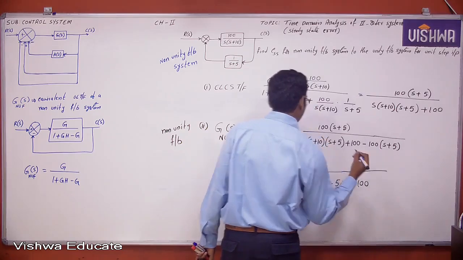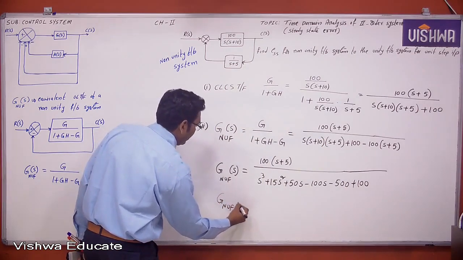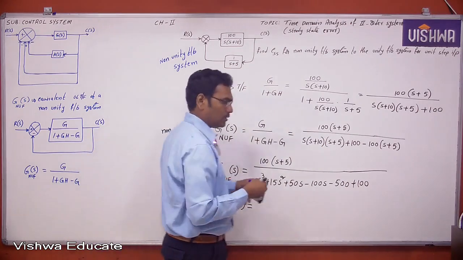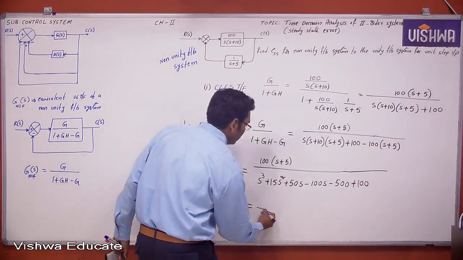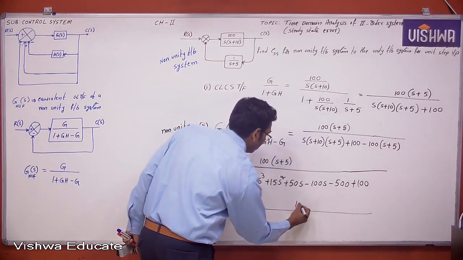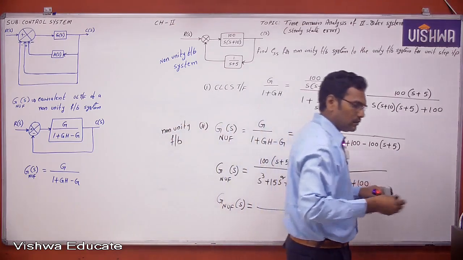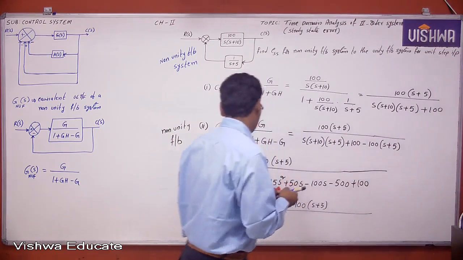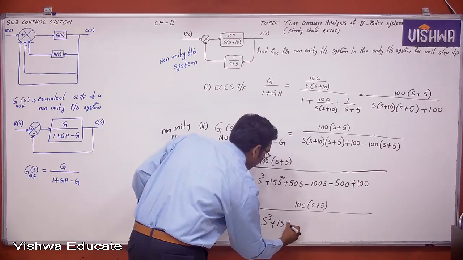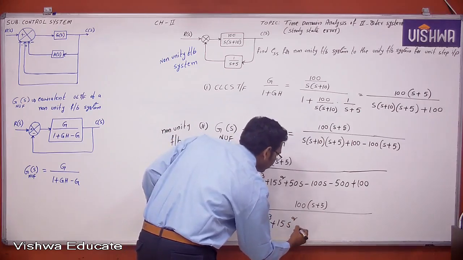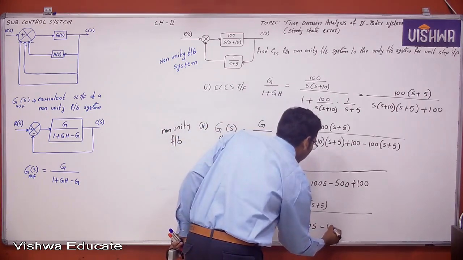Plus 100. Therefore, finally, the unity feedback transfer function is equal to 100 into (s plus 5) by s cubed plus 15 s squared minus 50s minus 400.